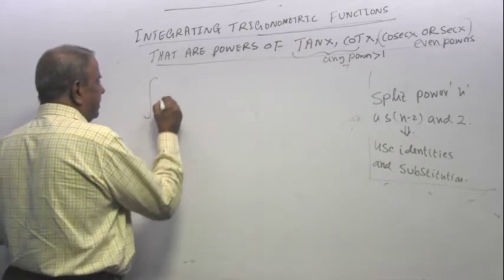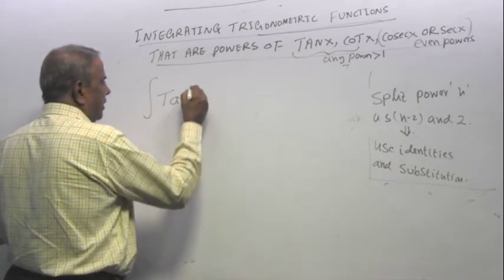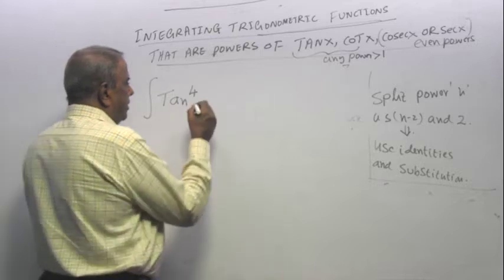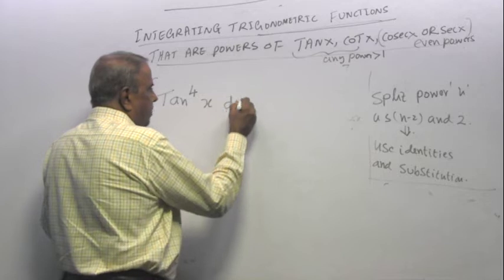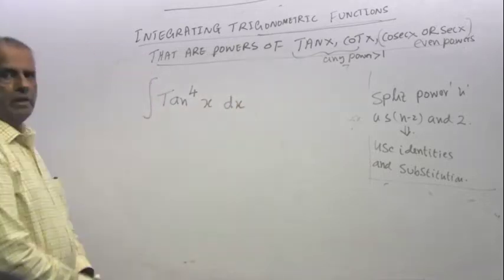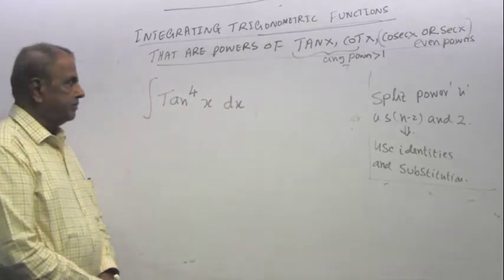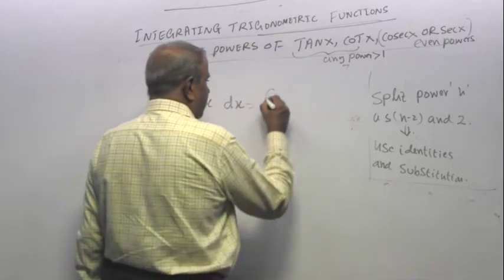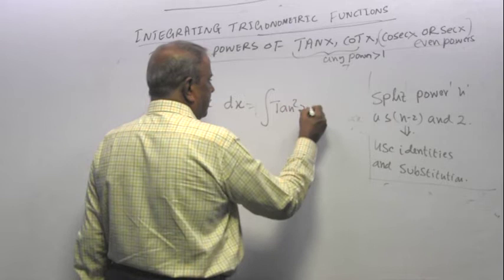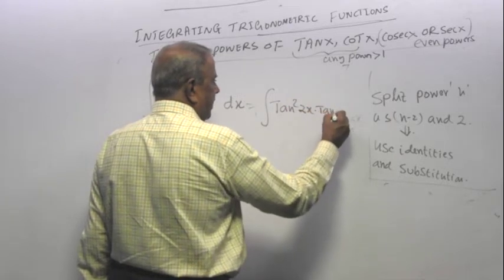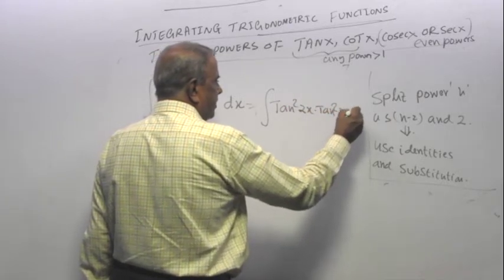Integral tan power 4 2x dx. Split into 2. So it's integral tan squared 2x times tan squared 2x dx.